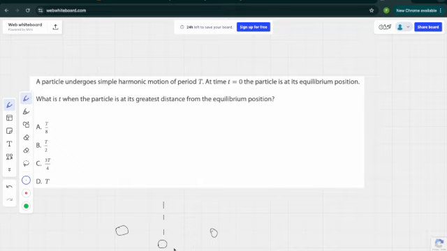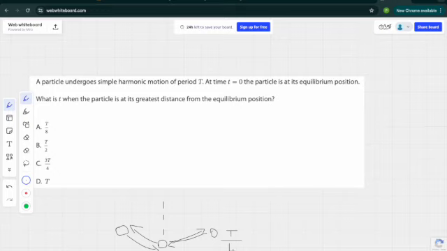Then at t equals t by 4, because there are 4 motions here, right? One is from here till here. The second is from here till back here. The third is from here till here. And the fourth is from here till back here, which is the exact same as one cycle. So at t by 4, because this is 1/4 of the time, we're over here.